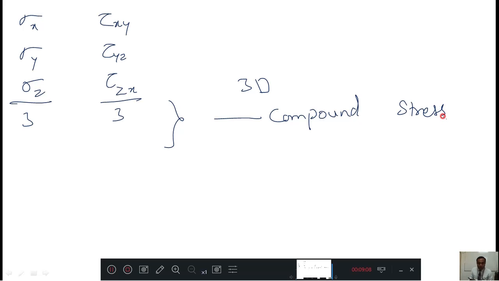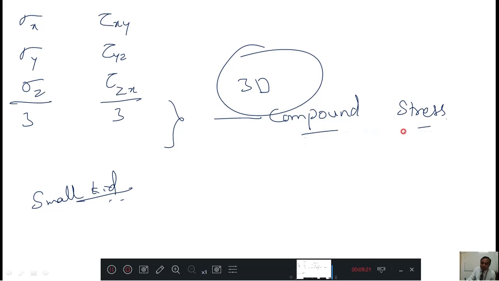Okay, now very important: you people are very small kids in civil engineering, newborn babies in civil engineering. Therefore, introducing this three-dimensional compound stress system is very, very difficult for you. Therefore, for your study, two-dimensional plane theories are there.